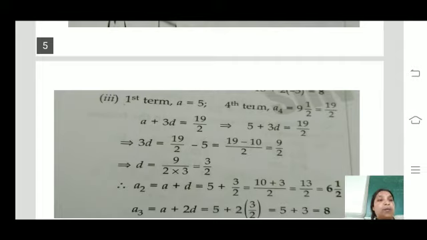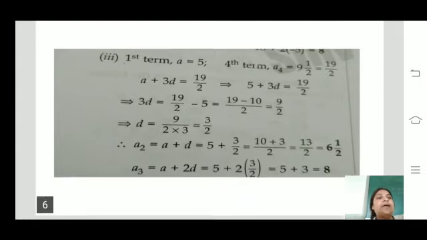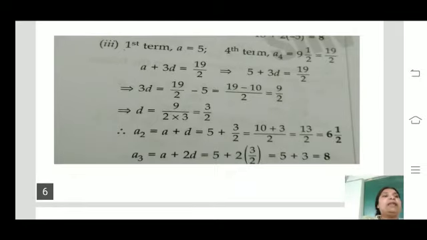Now we know that the fourth term can be calculated as A plus (n minus 1)d, that is (4 minus 1), 3d. Hence A plus 3d, which is given 19 by 2. Now let us replace the value of A in it, that is 5 plus 3d equals 19 by 2. Hence 3d will be 19 by 2 minus 5, that is (19 minus 10) by 2, that gives 9 by 2.